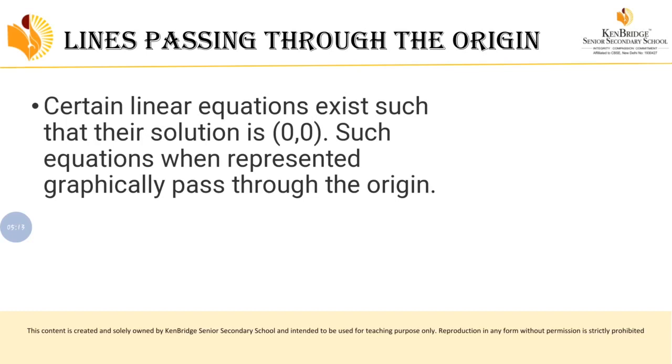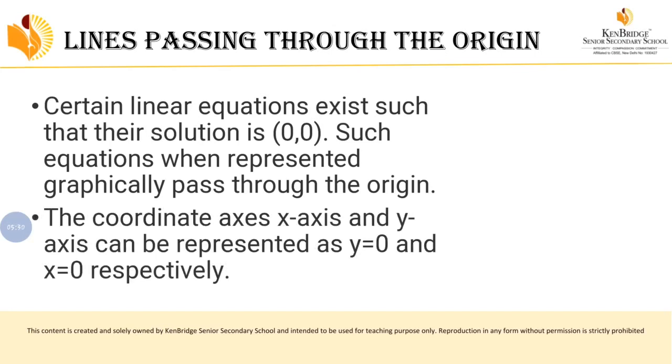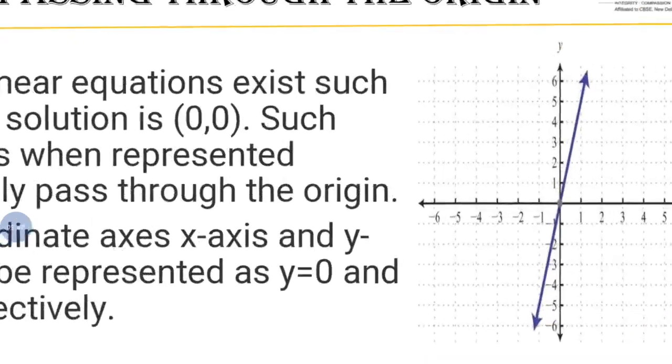If you get the solution as 0, 0 for an equation, then your graph will pass through the origin. The coordinate axes, x-axis and y-axis, can be represented as y is equal to 0 and x is equal to 0 respectively. So here is a graph.